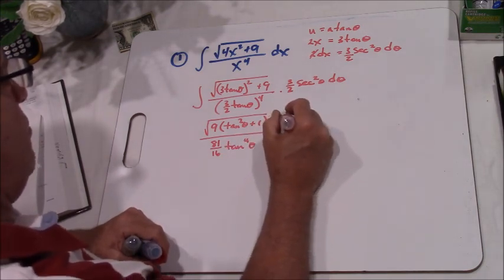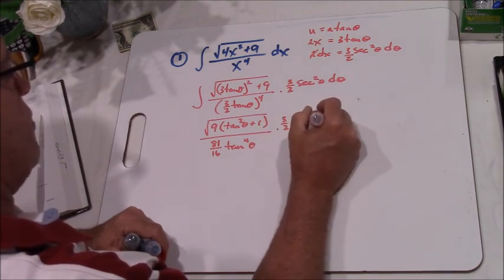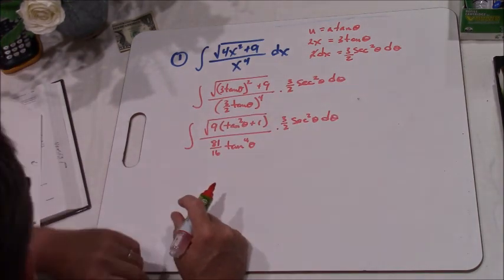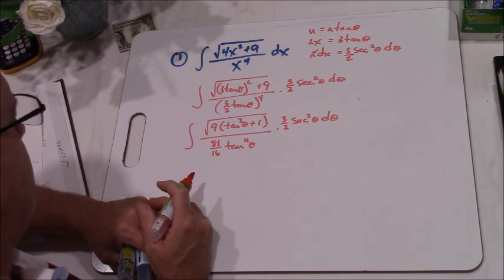And then here we still have 3/2 secant squared theta d theta. Integral of all that. I'm eventually going to move all these numbers to the outside.